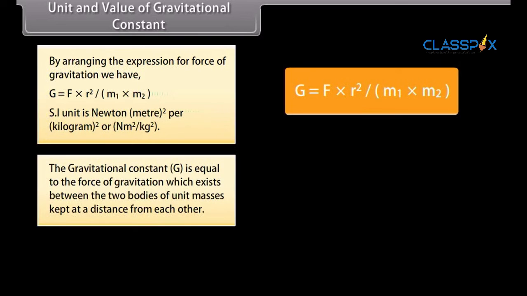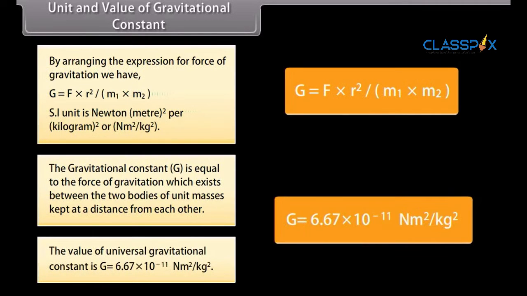The gravitational constant G is equal to the force of gravitation which exists between two bodies of unit masses kept at unit distance from each other. The value of universal gravitational constant is G equal to 6.67 times 10 raised to the power minus 11 N m² per kg².